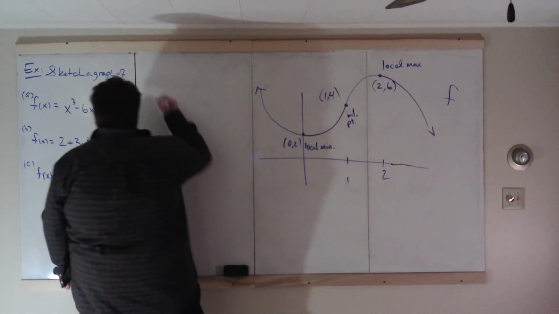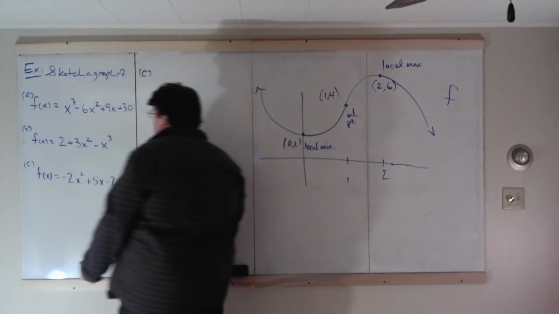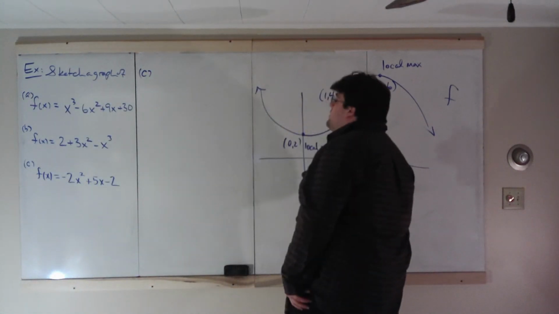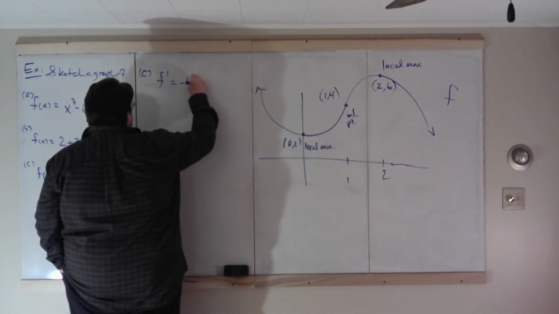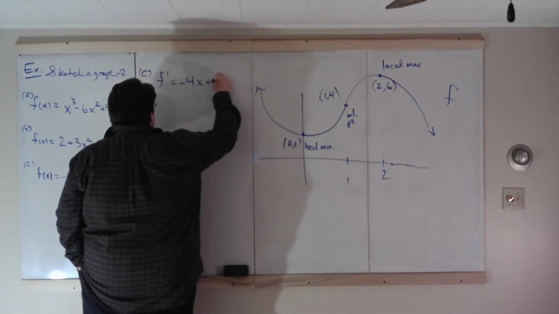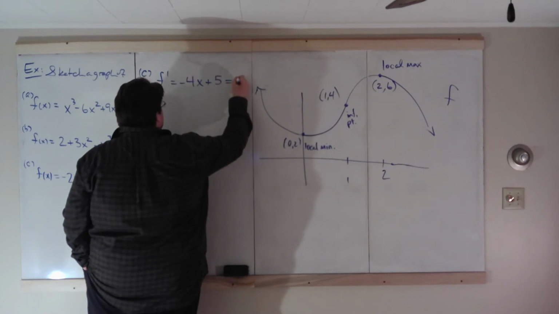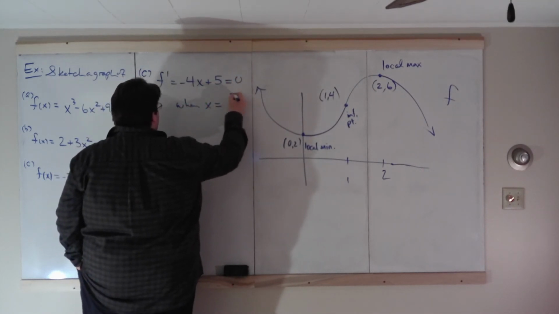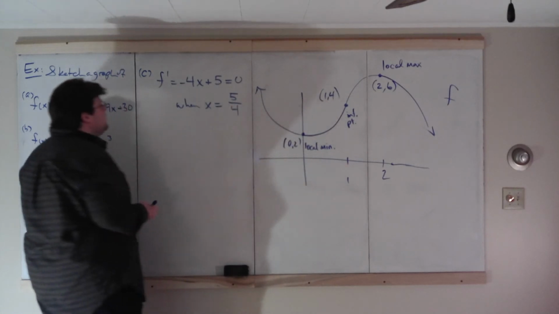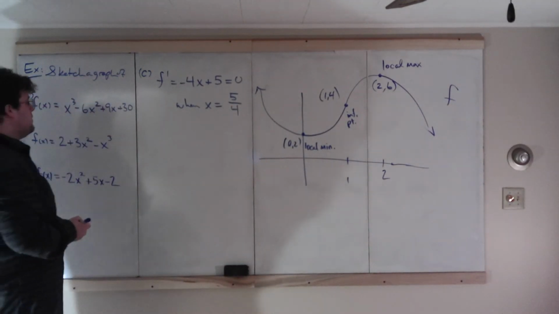And finally, let's do part C. Same type of argument, first derivative, second derivative. First derivative here, negative 4x plus 5. When is this 0? It's 0 when x equals, what, 5 quarters? Yes, when x equals 5 quarters.